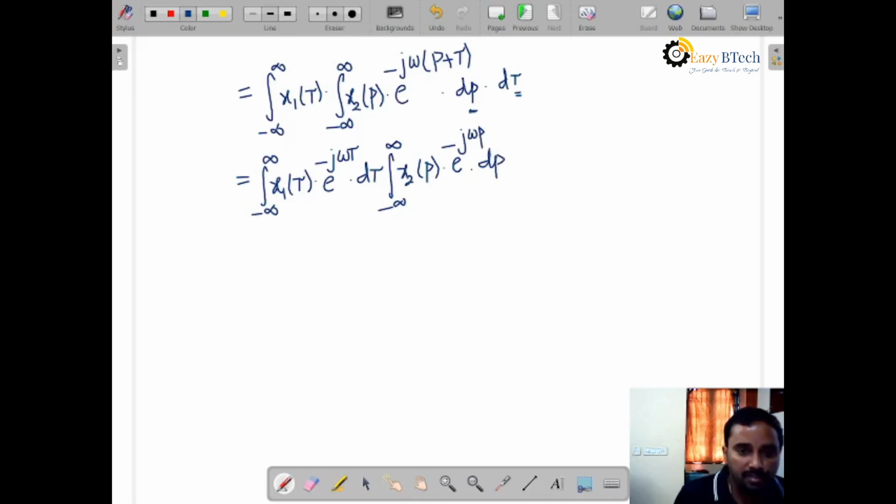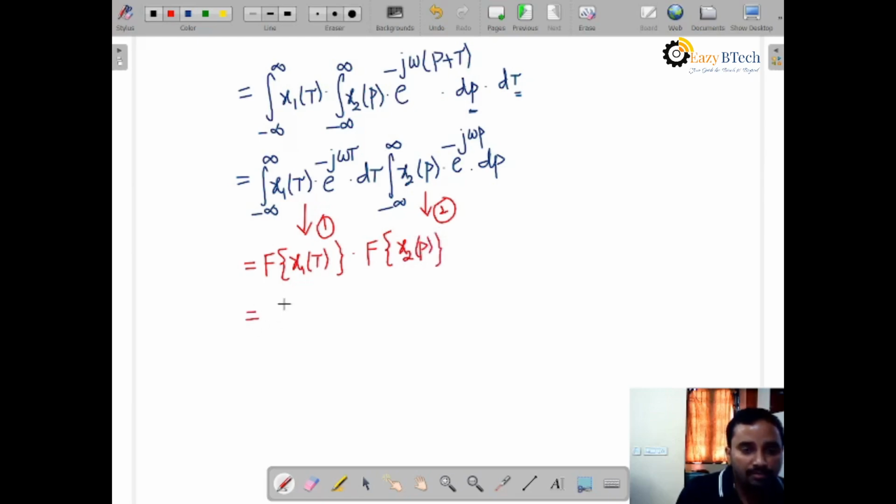So if you observe these two, what does the first integral say, and what does the second integral say? What is the meaning? Fourier transform formulas. So the first integral is the Fourier transform of x1 of tau, right or not, into the second integral, which is the Fourier transform of x2 of p.